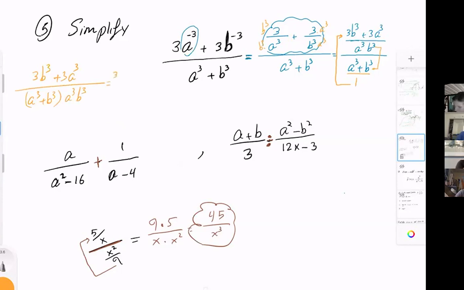If you factor the 3, this and that cancel, the final answer is 3 over a cubed b cubed.